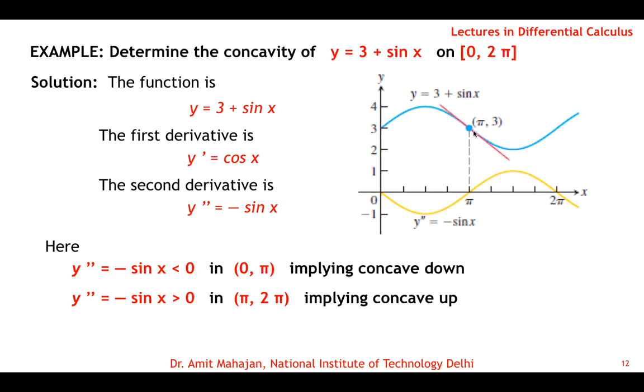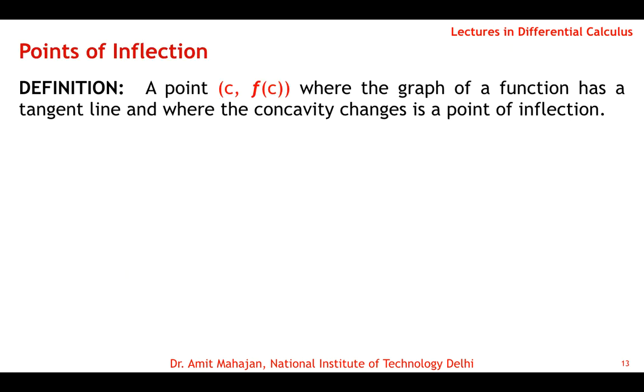There is a tangent at this point and the concavity is changing sign, so such points are called points of inflection. So here is the definition: a point (c, f(c)) where the graph of a function has a tangent line and where the concavity changes is a point of inflection.